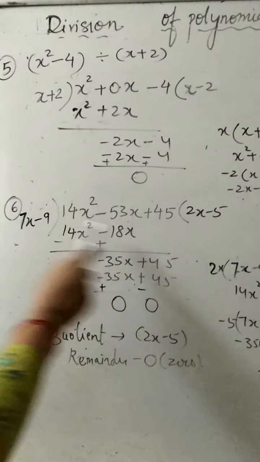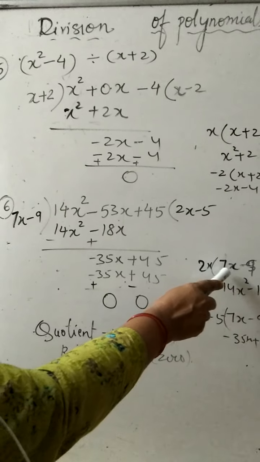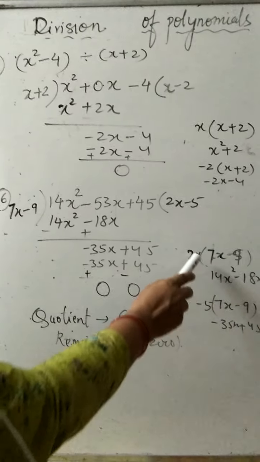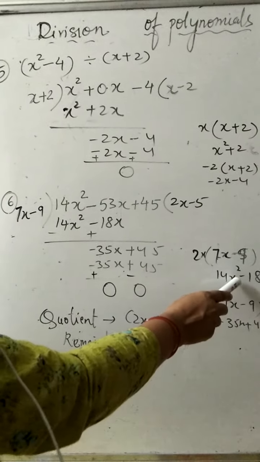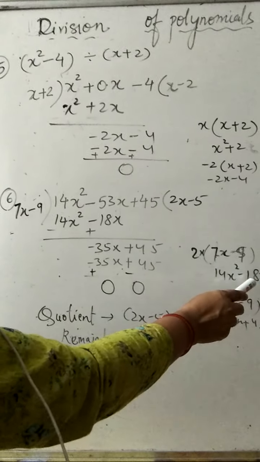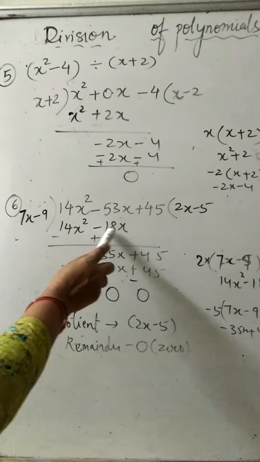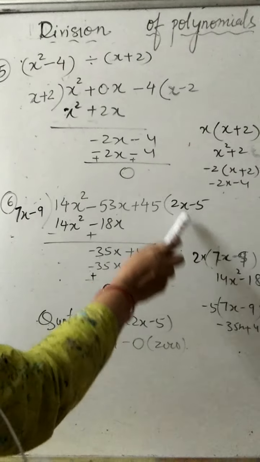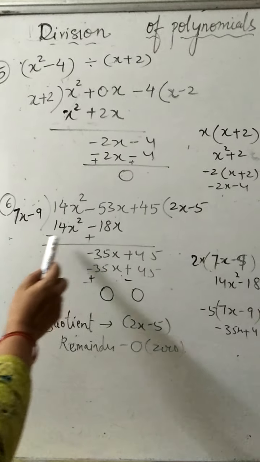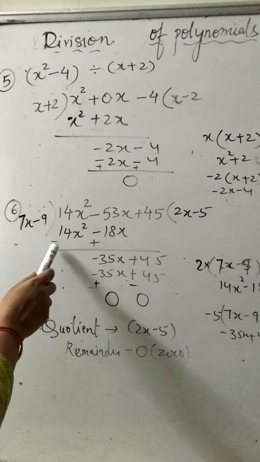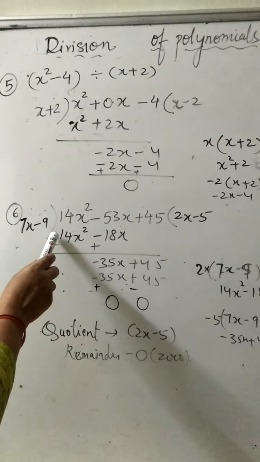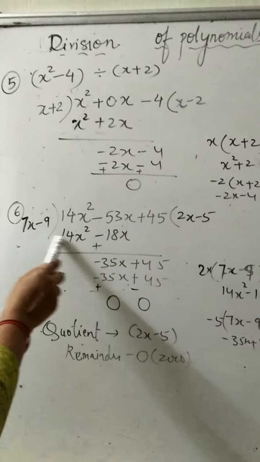So you have to multiply 2x into 7x minus 9. So 2 7s are 14x square, minus 2 9s are 18x. And this I have written here. I have multiplied it with 2x, so that's why I have written 2x here. Now again the rule is to change the sign. So here the positive sign was there, so it will become negative.